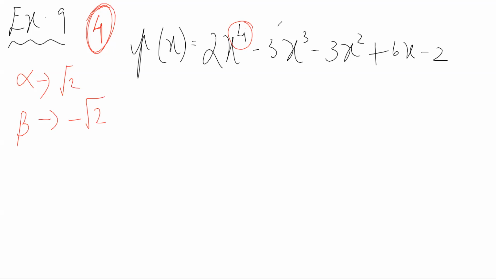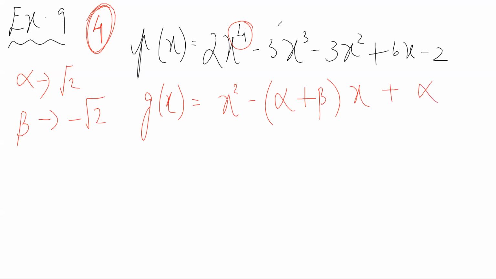How will you form a quadratic polynomial? Let's take the quadratic polynomial to be g of x. g of x is equal to x square minus alpha plus beta into x plus alpha beta. This we had already seen in the last session.